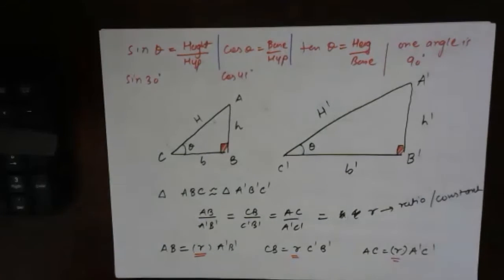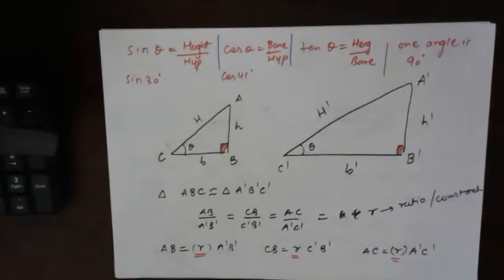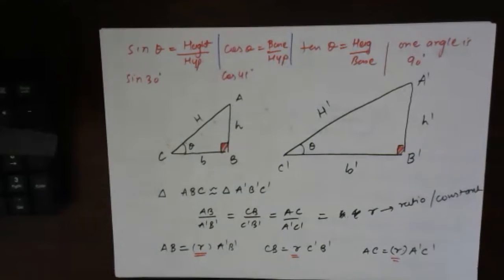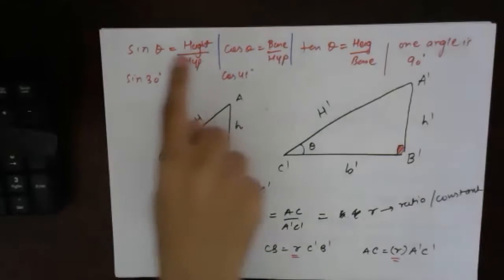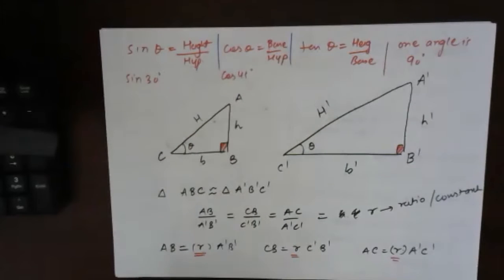By now everybody understood why sine theta is the same for every triangle, and cos theta is the same for every triangle. Very good. These values are predefined.